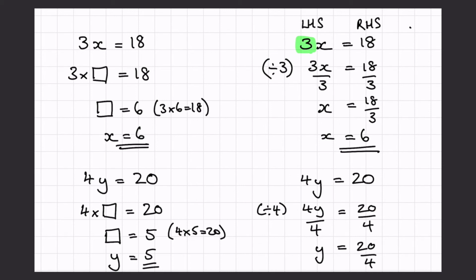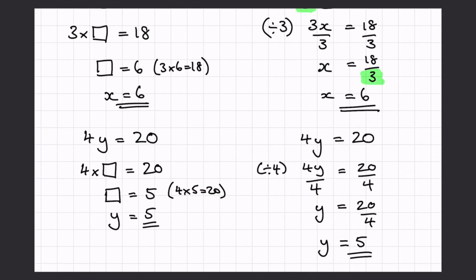It ended up on the right-hand side as a division. Similarly, we had 4y is equal to 20. So the 4 went from being a multiplication on the left-hand side to being a division on the right-hand side.